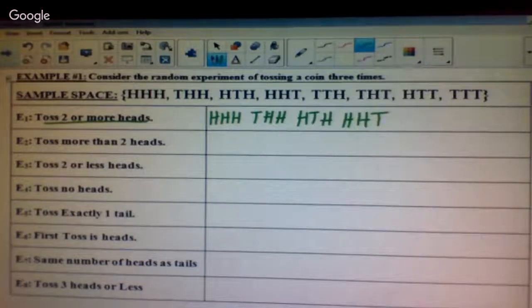No. If I asked you what the probability of this was, what would you tell me? What's the probability that this event will happen? 4 out of 8. I've got 8 total options, which means this is 4 out of 8, which reduces to 1 half.